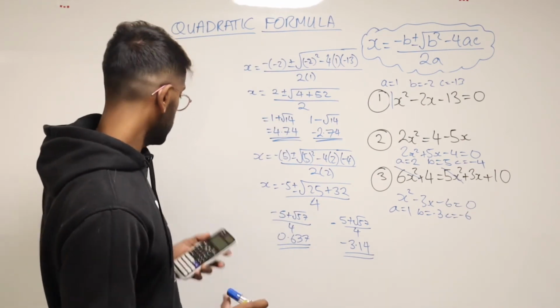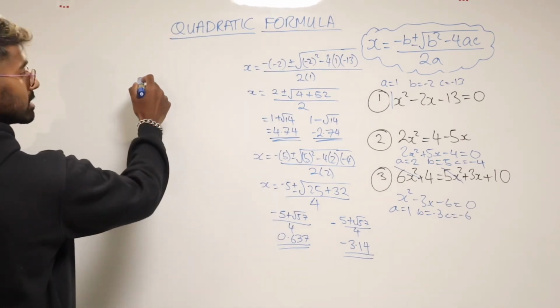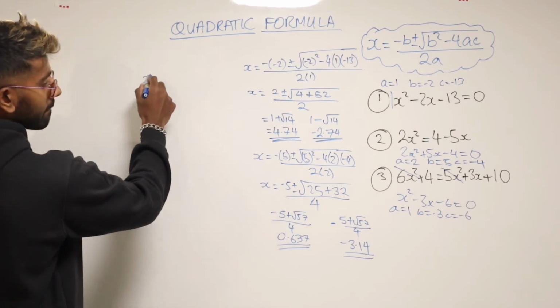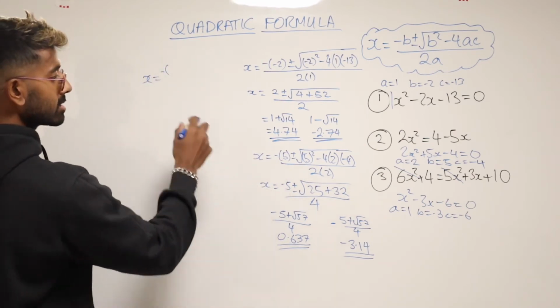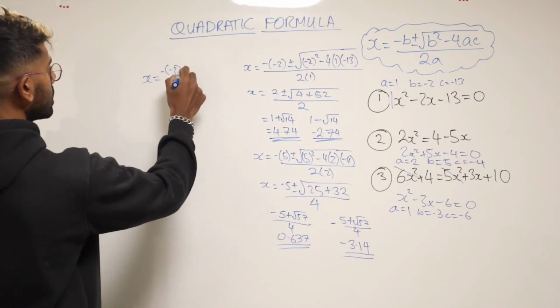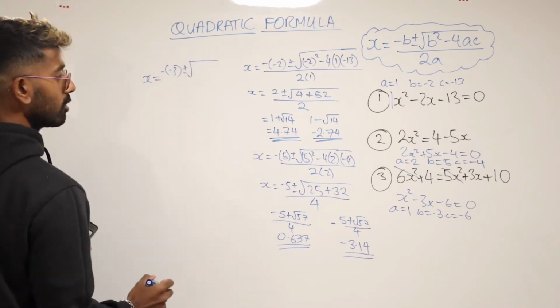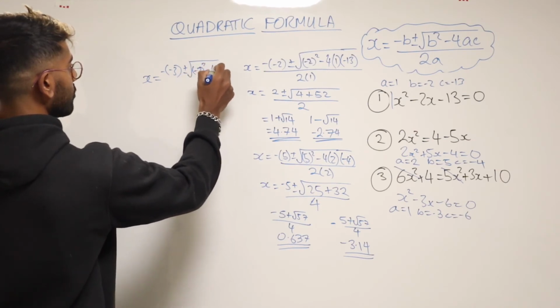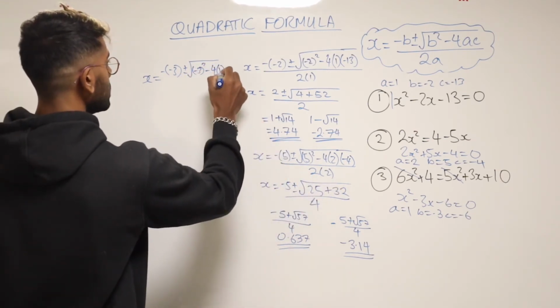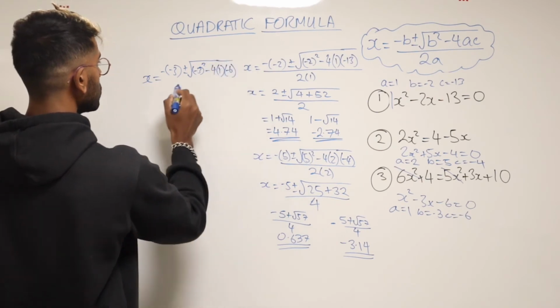Okay, so let's use some space. Let's go over here this time. So we have x is equal to minus, and then b is minus 3, plus or minus the square root of minus 3 squared, take away 4 lots of 1 times by minus 6. There we go.